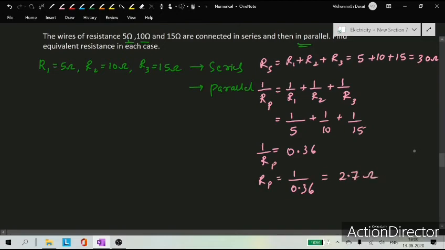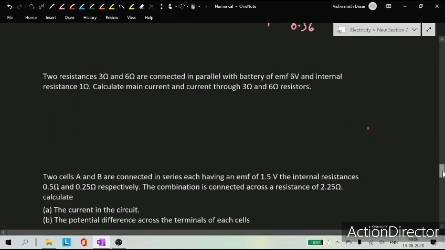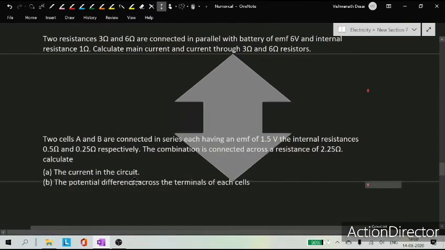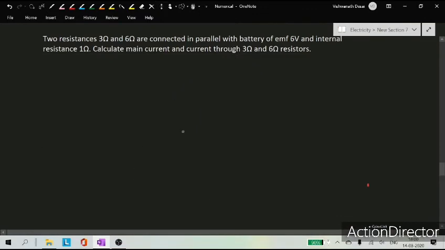Okay. We'll see the next problem now. Two resistances, 3 ohm and 6 ohm, are connected in parallel with a battery of EMF 6 volt. I will write it. Two resistances, one is here and one more is here.